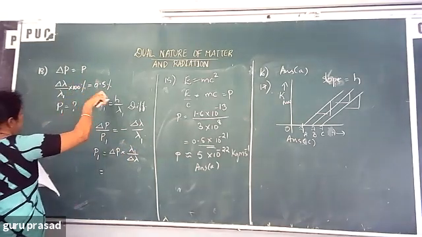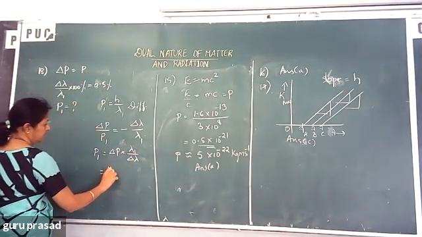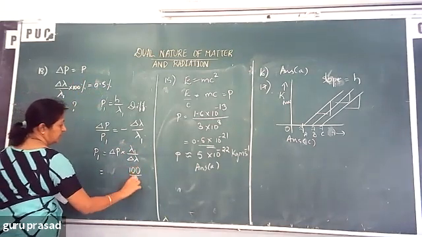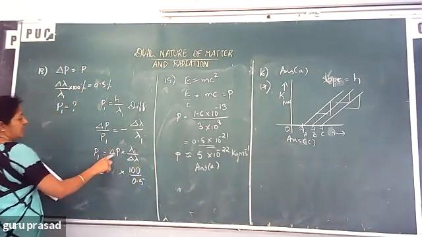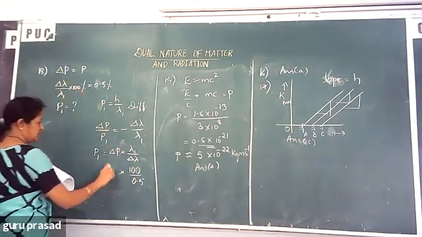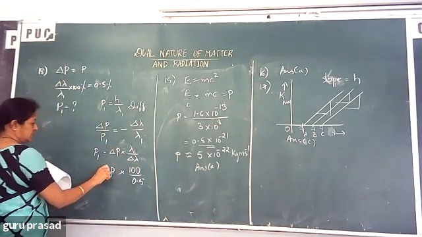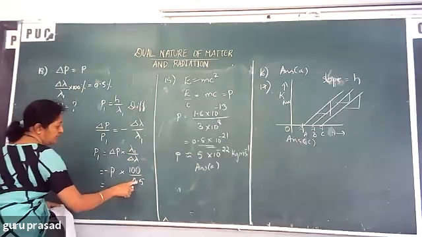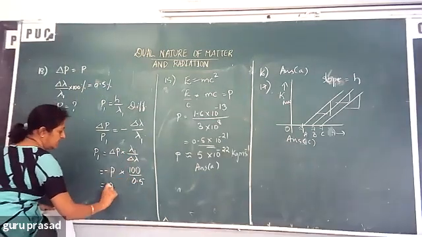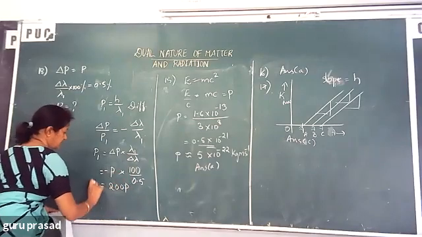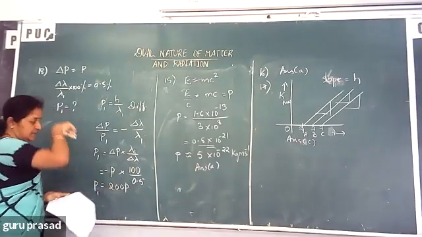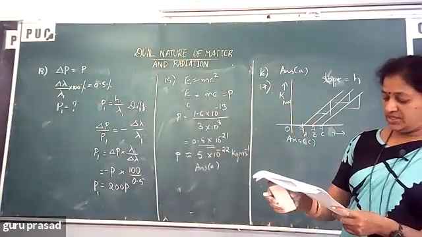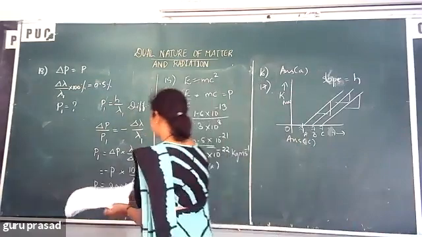It is 100 by 0.5 into the change in momentum, which is taken as P. Anyhow, they have not bothered about the minus here. So here 0.5 is half, 2 goes to the numerator, so it is 200 P. This is the answer, 200 P. So which is the option? Yeah, A. Answer A.